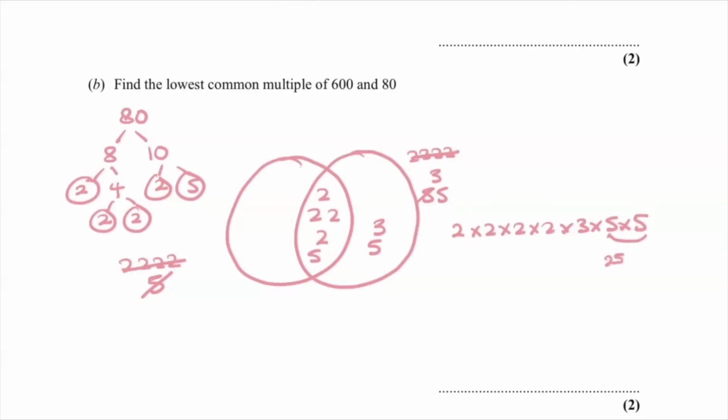We've got to then times that by 3, which is 75. Double it, 150. Double it, 300. Double it again, 600. Double it again, and you've got your final answer of 1,200. So whilst that felt a bit daunting, it wasn't too bad in the end.